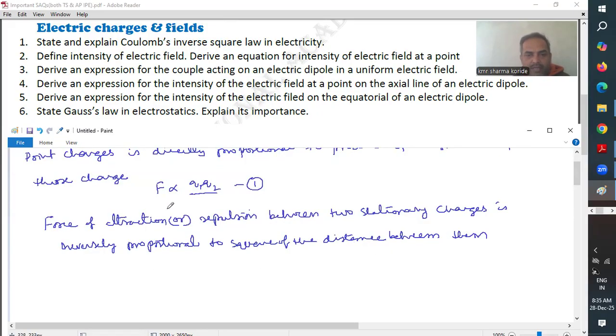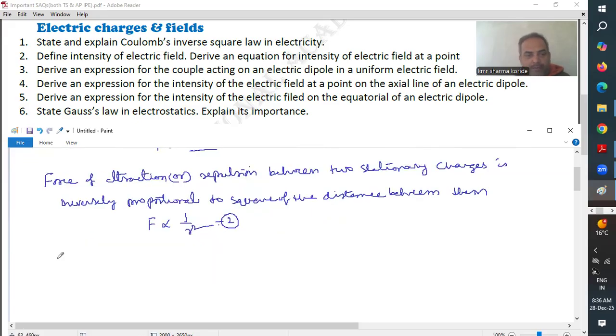You can express this statement mathematically as F inversely proportional to the square of the distance. So including first and second, we write that F is directly proportional to Q1 Q2 and inversely proportional to the square of the distance. We need to explain it in brief. Let R be the separation between the stationary charges.